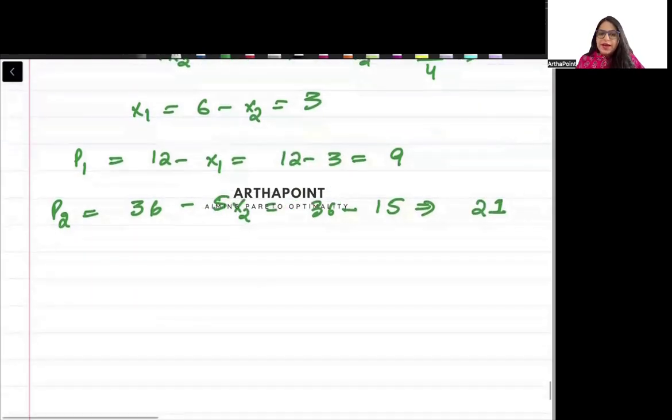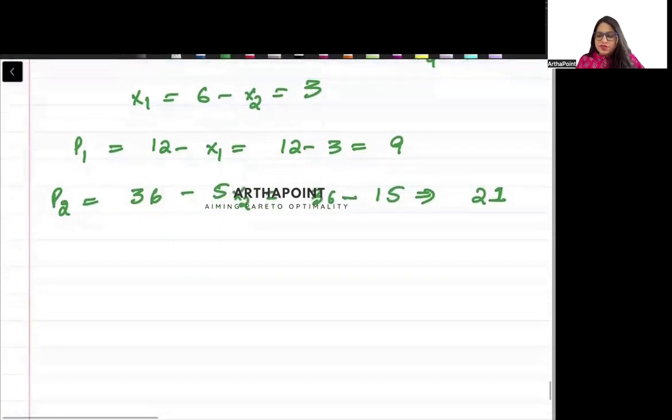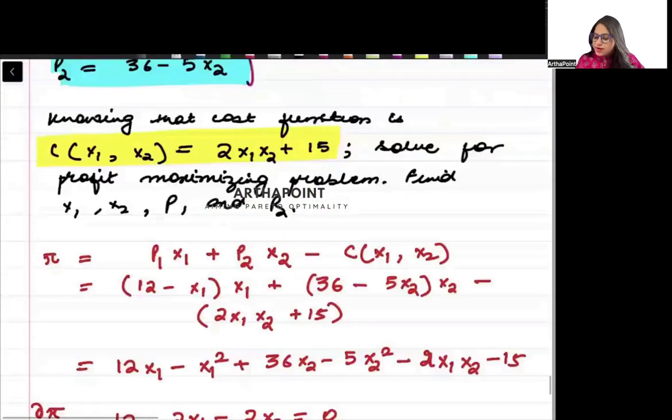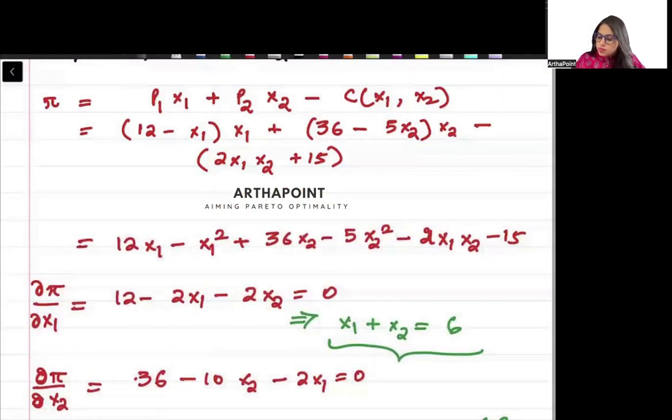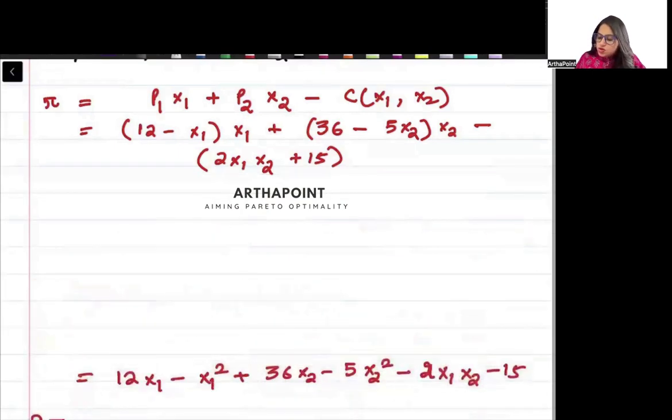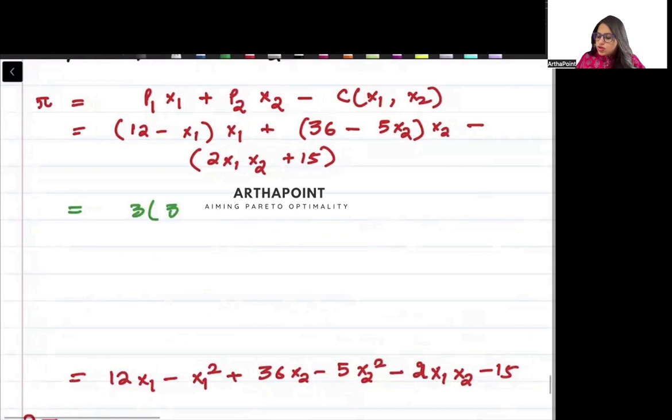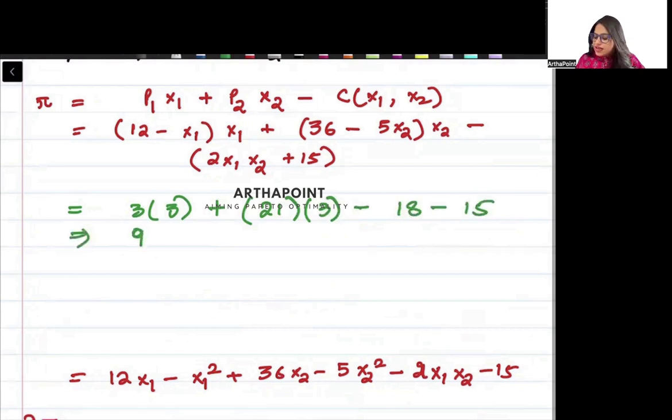You can also put P1 and P2 in your profit function and find out the profit, right? So just go ahead and put it in this function. So this is going to be 3 into 3 plus 21 into 3 minus 3 into 3, 9 into 2, 18 minus 15. So this is going to be 9 plus, this is not 3. This is 12 minus 3. This is 9, beta.